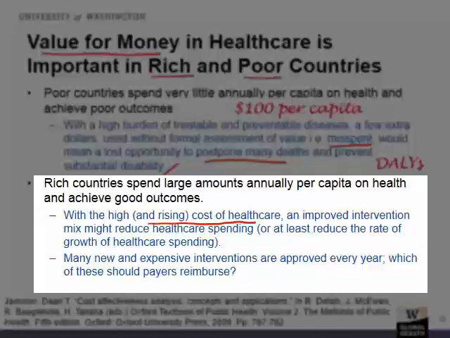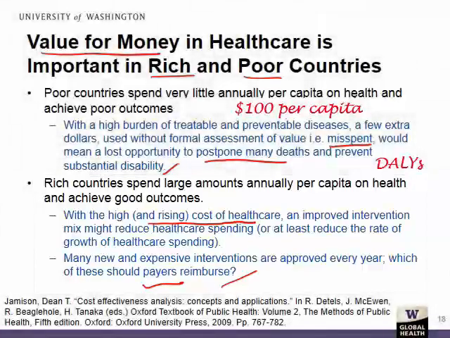And the other issue is that many new and expensive interventions are being created by companies every year, and usually the question is, should payers or health insurance companies reimburse such new products? So the point really is that cost effectiveness is not just for poor countries, it's for both rich and poor countries.